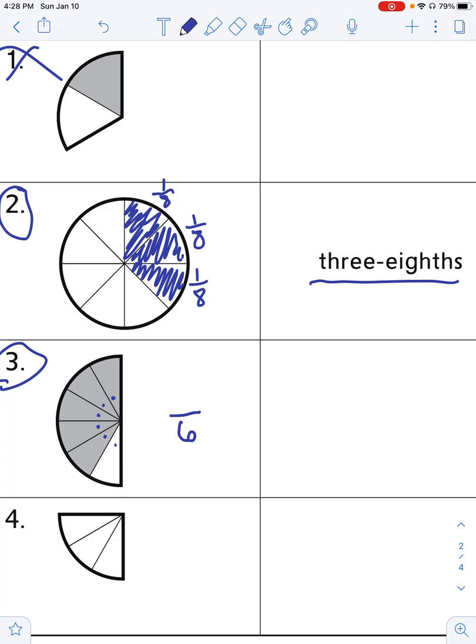Okay, so first I'm going to count how many pieces there are total to know what my denominator is. Okay, so there's 1, 2, 3, 4, 5, 6. There are 6 pieces total. So 6 goes on the bottom, the denominator. And then I need to find out how many pieces are shaded. Well, 1 piece is shaded, 2, 3, 4, 5.